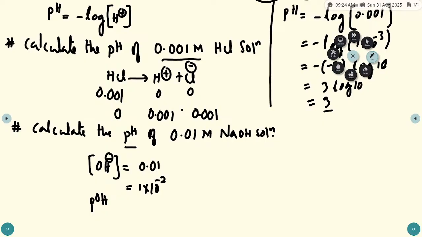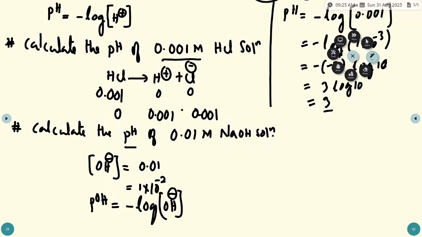We cannot find the pH directly because here the concentration of OH minus ions is given. So from OH minus ions, how can you calculate pH? First you have to calculate the pOH and then the pH. What is pOH? pOH is equal to minus log of OH minus ion concentration.